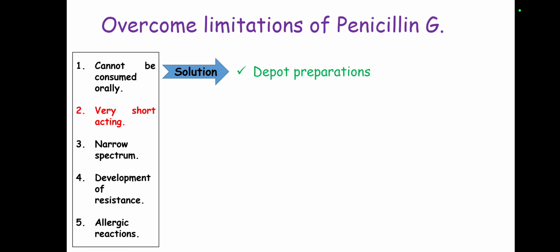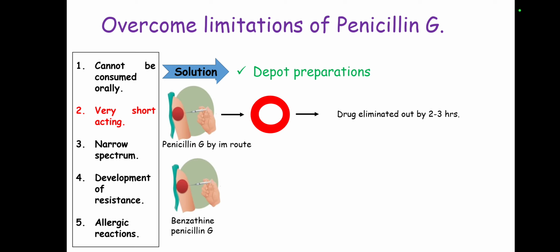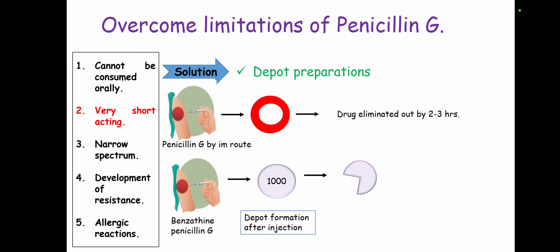See, normally if we give penicillin G alone via the intramuscular route, then almost all the penicillin G will come into the blood, and afterwards it will get eliminated in 2 to 3 hours. But instead of penicillin G, if we give benzathine penicillin G by intramuscular route, then what will happen? Out of 1000 molecules, only 100 molecules have come into the blood.